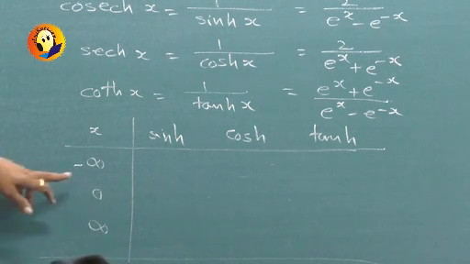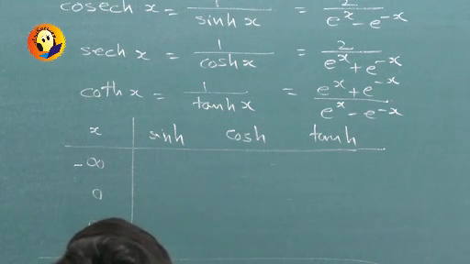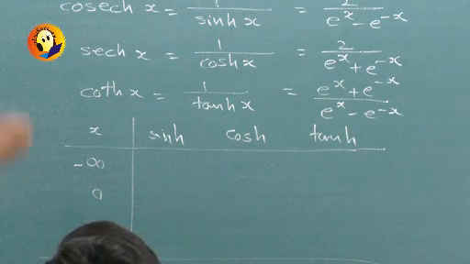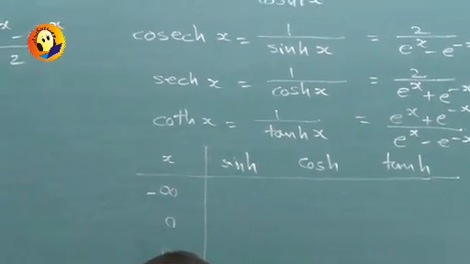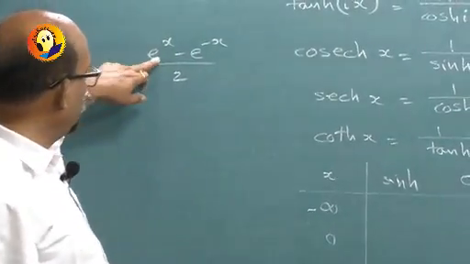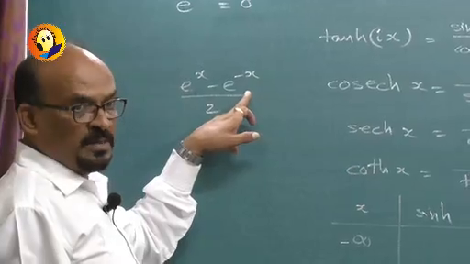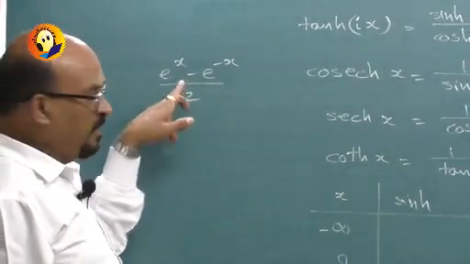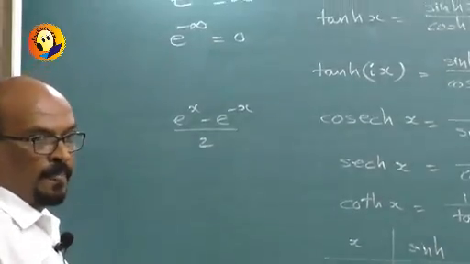When I put minus infinity, e raised to infinity is infinity. E raised to minus infinity is 0, 1 upon e raised to infinity, that is 1 upon infinity. So this term will be 0. This term will be minus infinity with minus sign. So sin minus infinity is minus infinity.